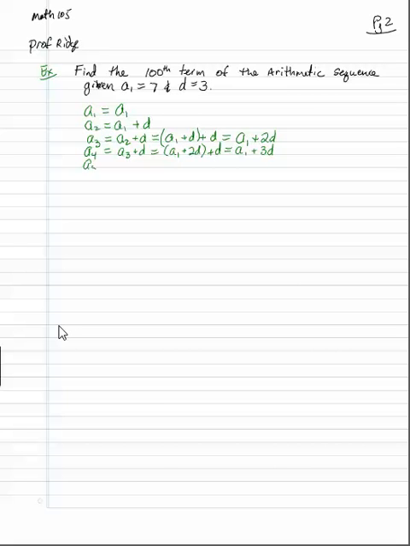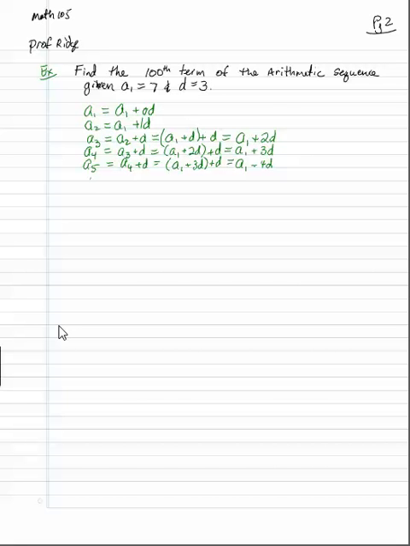And then pretty soon you start seeing this pattern emerge. So a sub 4 plus d is a sub 1 plus 3d plus the d. You get a sub 1 plus 4d, and then you should see this pattern. We're getting a sub 1 is a sub 1 plus 0d, a sub 2 is a sub 1 plus 1d, and then a sub 3 would be plus 2d, plus 3d, plus 4d.